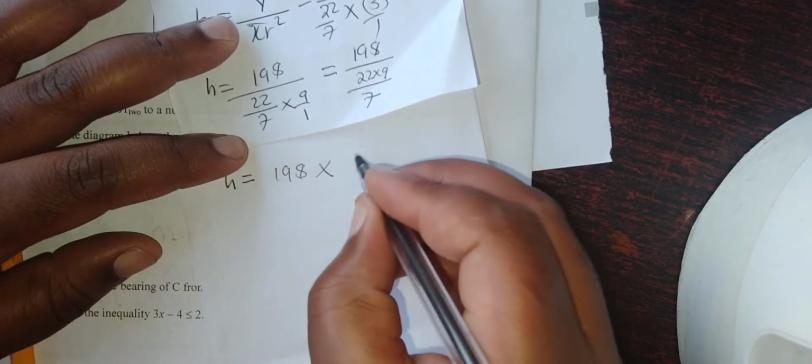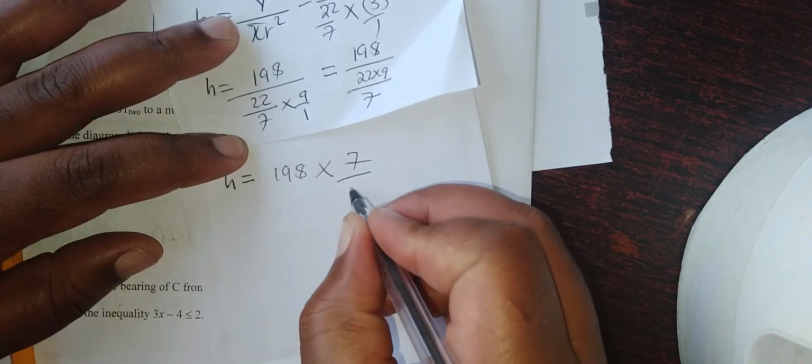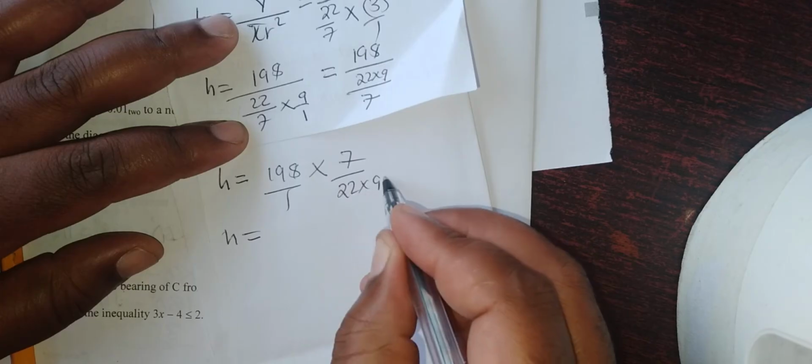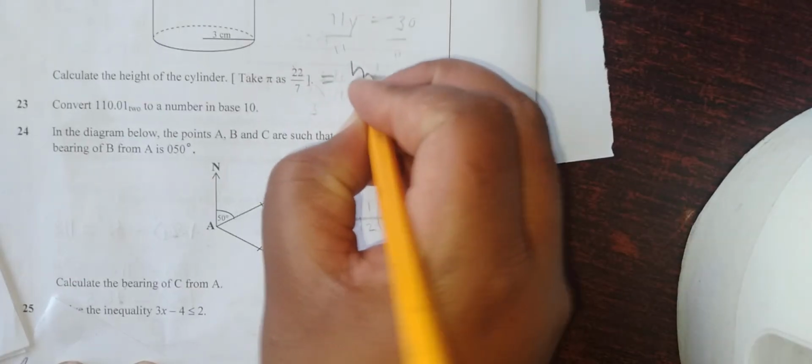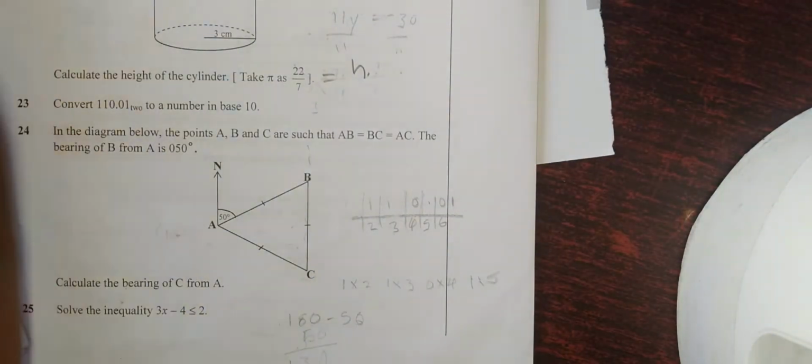So our height is equal to 198 times 7 over 22 by 9 over 1. Now 22 by 9 is 198. So here it's 1, there it is 1, because this by that is 198. So this by that it is 7. So our height here is 7. That is our height.